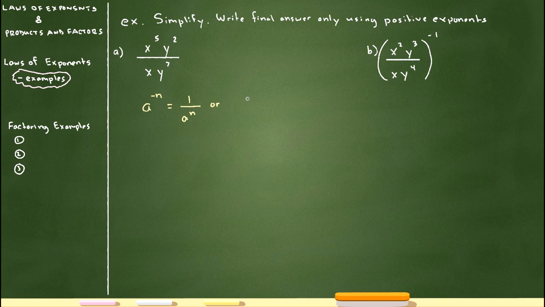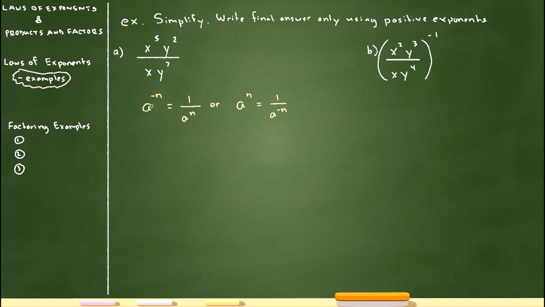Or if you have a to the positive n, this would equal 1 over a to the negative n. Okay, so we're going to have to do a couple manipulations with this. If we have a negative power in our denominator, we're going to be able to move it up, and we're going to change the power to positive because these two statements are equivalent.